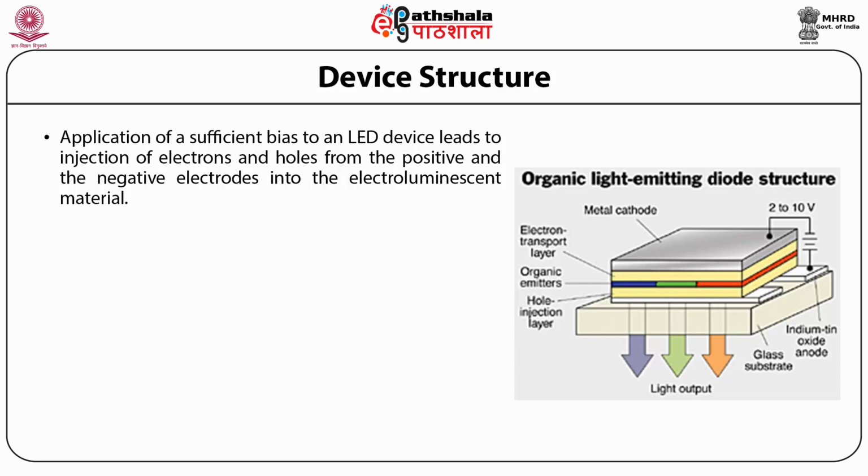Now students, let us first discuss what electroluminescence is. Electroluminescence, or EL, is a phenomenon in which light is generated by an electrical input.